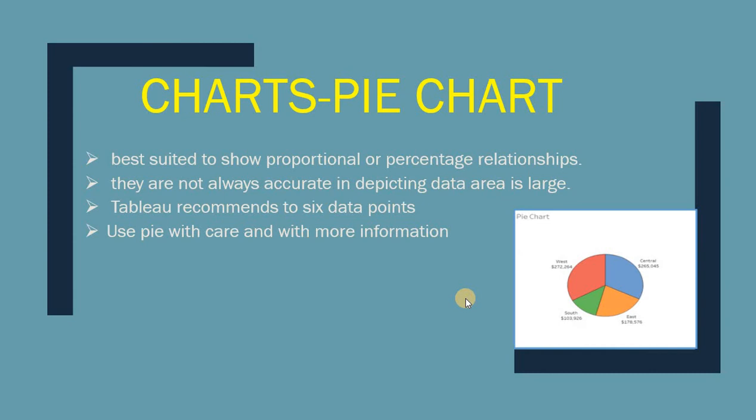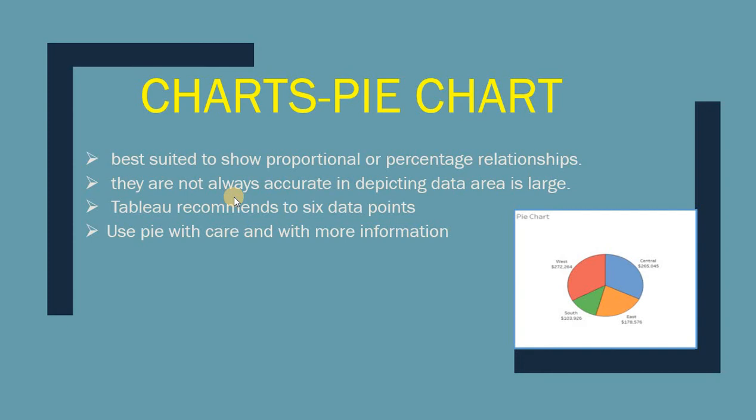The other one is the pie chart. This is a pie-shaped data presentation. Usually, it shows proportionality, or percentage of data from the whole group.